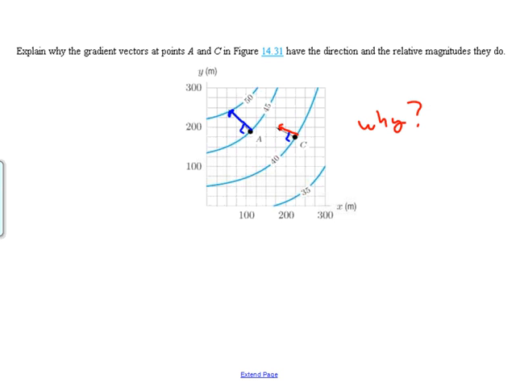Because going from point A, my contour lines were closer together, which means that as I move in that direction, my directional derivative is greater. I'm changing more. Versus at C, this contour line and that contour line are further apart, so I'm going to have less of a change.